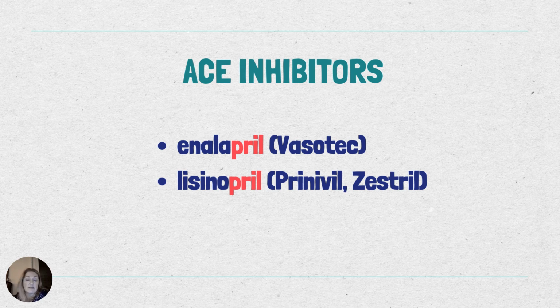You'll learn more about that next semester. But what you need to take away from this is if it ends in pril, so we have enalapril or Vasotec and lisinopril. It has 2 brand names that are used, Prinivil and Zestril. If you see this on the drug quiz and I ask you for the brand name, you only need to provide one of them. Either one of them would be counted correct.